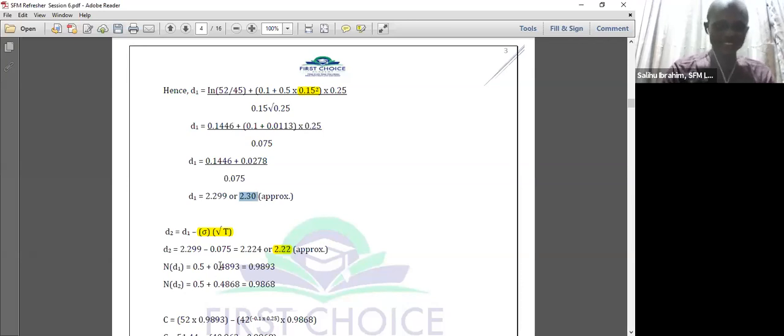If it is positive, put plus here. But if they had been negative figures, then you put minus. If the figures for your D1 and D2 are negative, this plus will be minus. If they are positive, the sign should be plus. Do you understand that? Okay, correct.